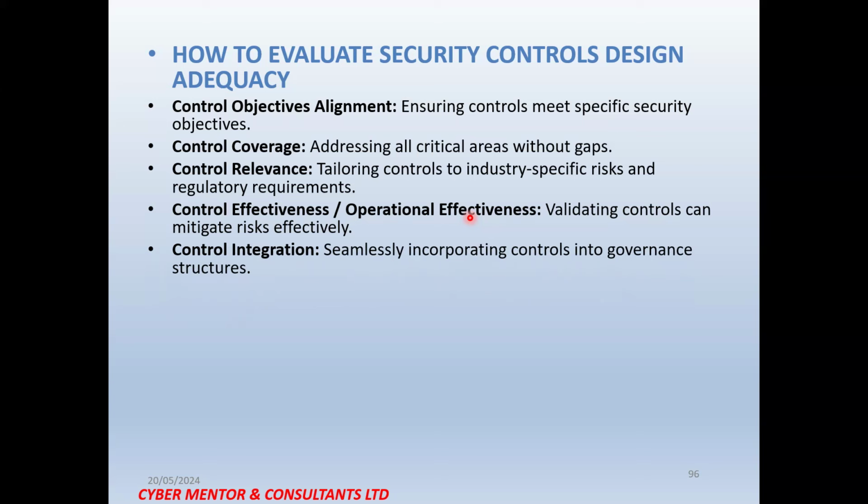Normally when you implement control, like we said before, you need to be integrated into your operation. Are you able to do this seamlessly into your governance structure? You already have a structure in place. You have all your departments, your management system, your accounting department, HR department. They are doing their job even without internet or without security.